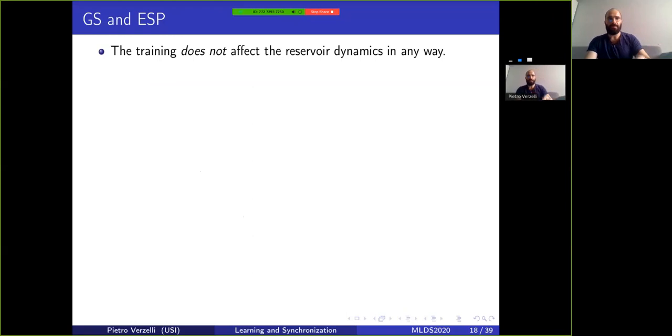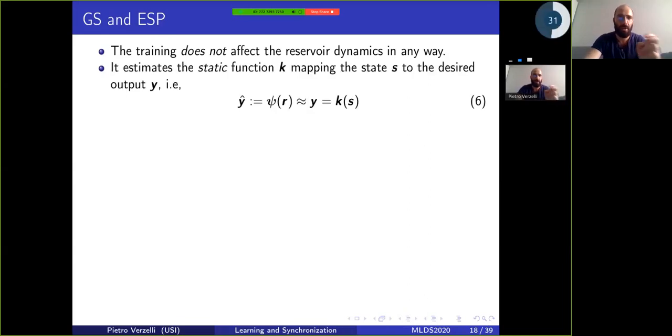So again, why is this useful? Because as we've been saying before, the training does not affect the reservoir dynamics in any way. So only the listening part is dynamical, let's say, and it's not trained. You generate your reservoir and let it go with the input.